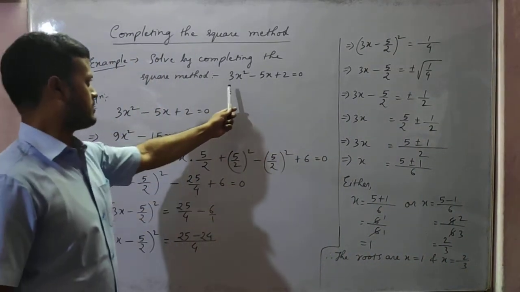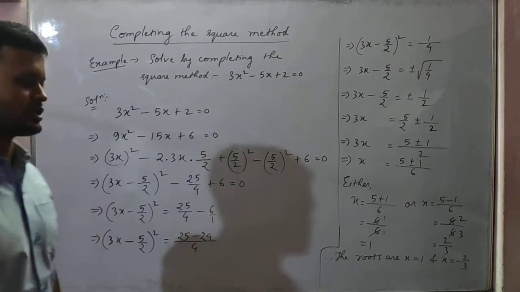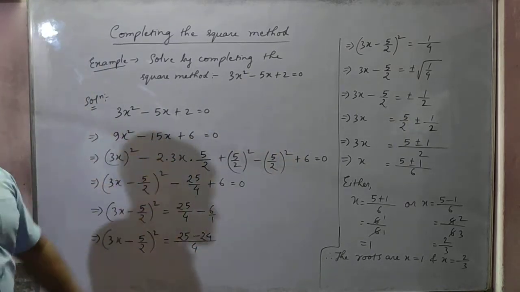The quadratic equation that is given to us is 3x square minus 5x plus 2 is equal to 0.